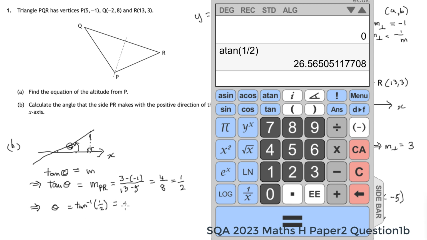So it's equal to 26.56 and so on. And that's measured in degrees. So that's approximately 26.6 degrees to 1 decimal place.